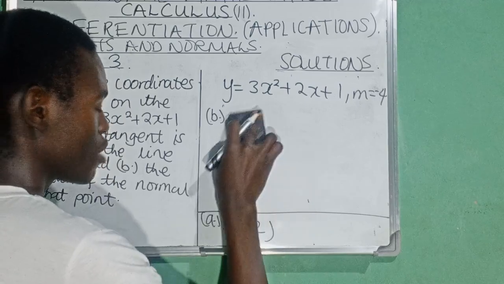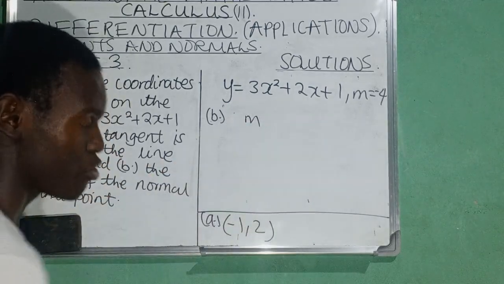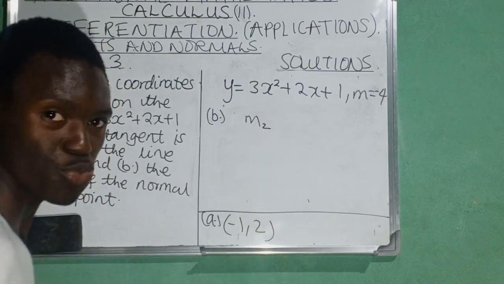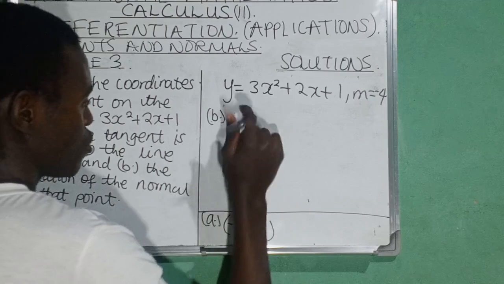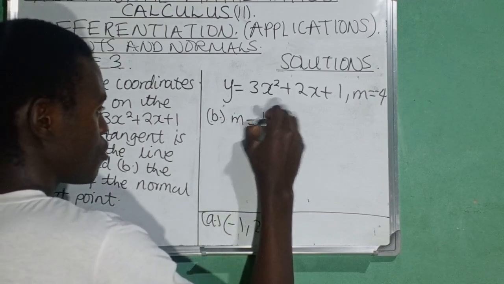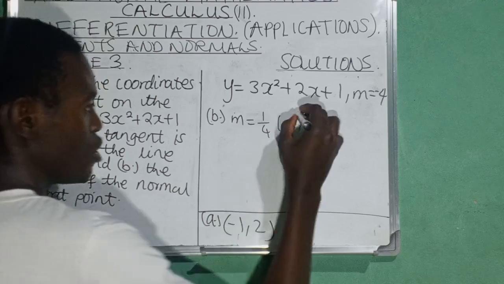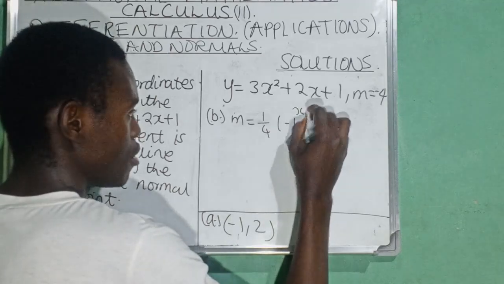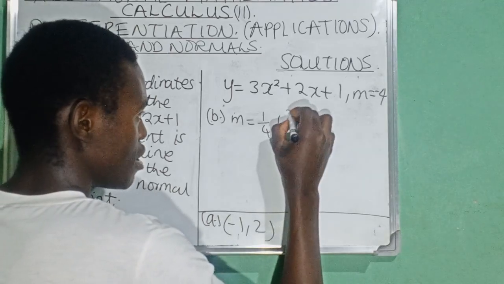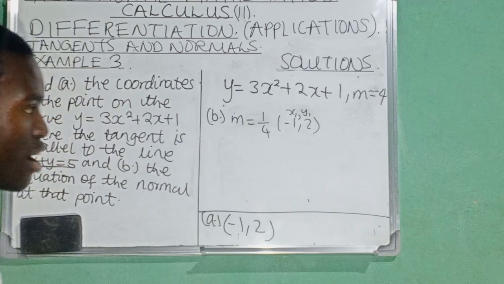That's the gradient that we are going to use for the normal. Okay? So for the tangent, it will just be the m that we found. But for the normal, we need to find our m2. Okay, so we can say m is equal to positive 1 over 4, and then the coordinate is negative 1, positive 2. This will be our x1, y1, like that.